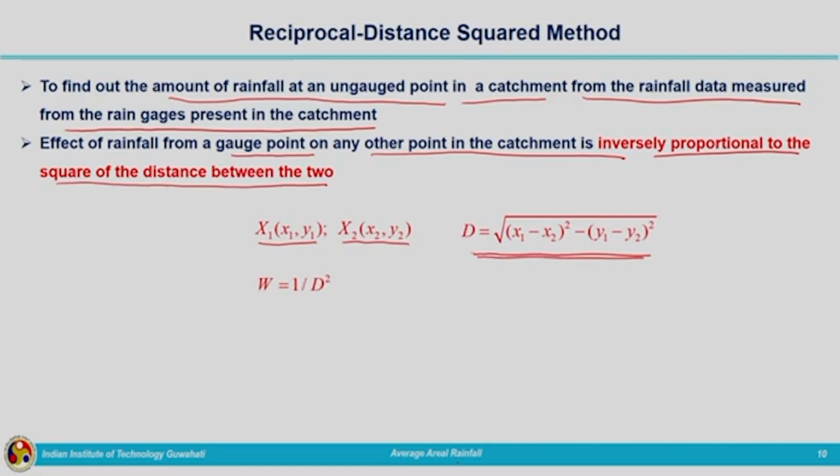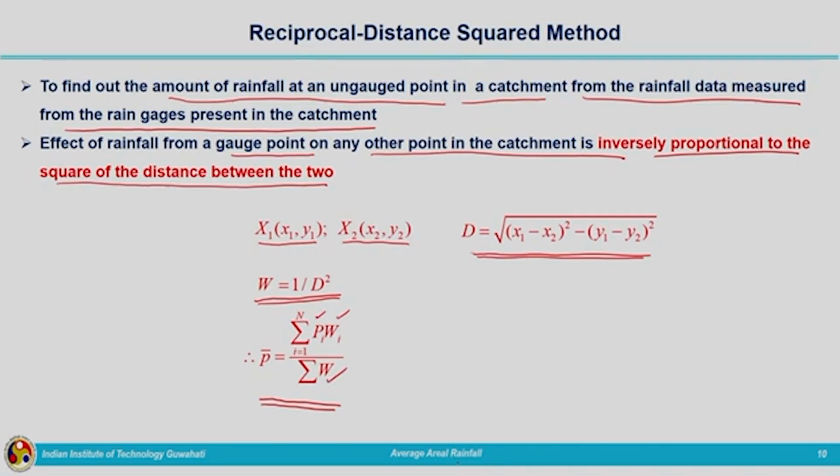And after that, what will we do? We will square it and take the reciprocal of that particular value. It is denoted by W. W is equal to 1 by D square. Now, we can get the average rainfall value by using this formula: P bar is given by sigma i equal to 1 to n of Pi Wi divided by sigma W. What is this capital W?